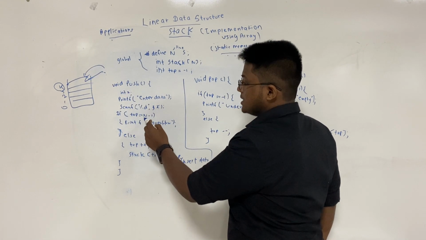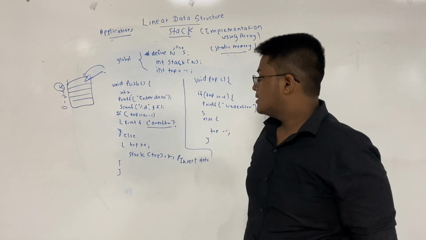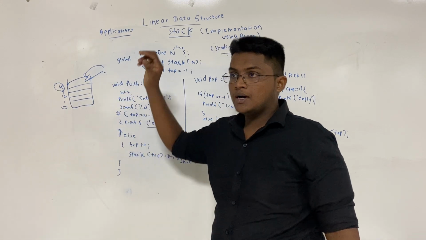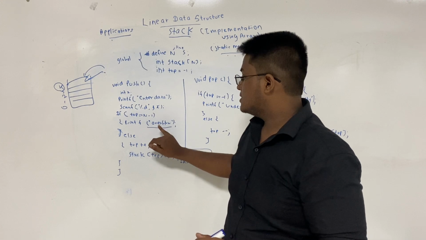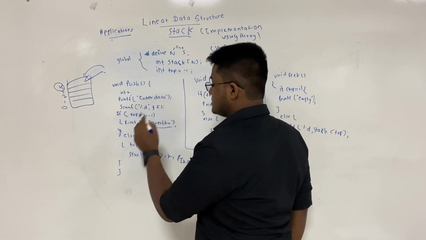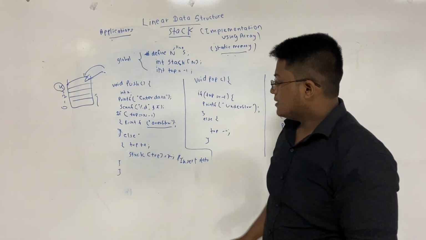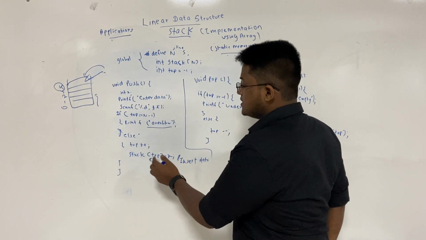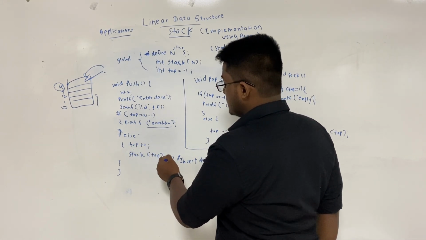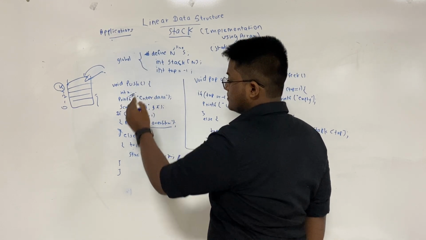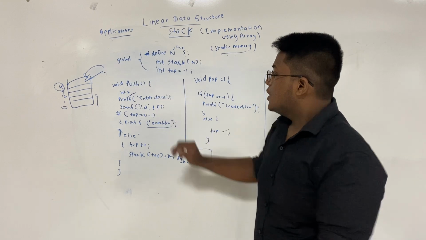If top is equal to n minus 1, print overflow condition. That means you can't insert data because the stack is already full. Else, top plus plus, and we insert the data: stack[top] is equal to x, this variable. This is the push operation.